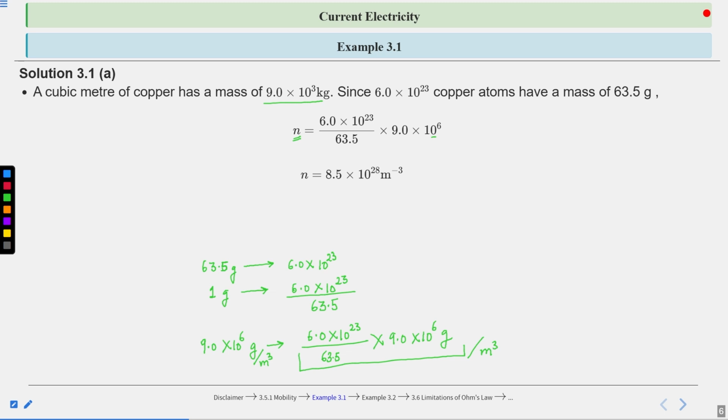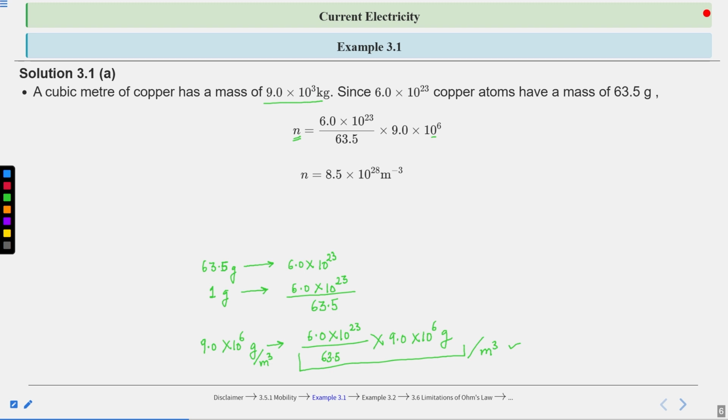So this amount of copper atoms per meter cube is present. That is the number density, the number of copper atoms per unit volume present in 1 meter cube of copper material.